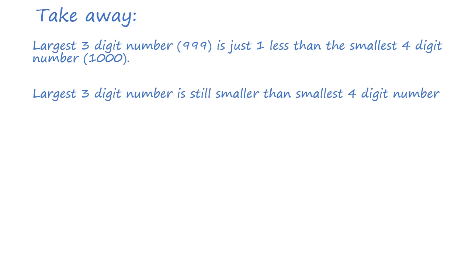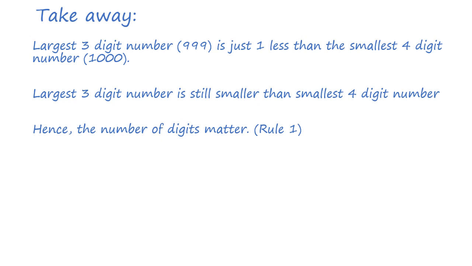No matter what 3-digit number it is, it will still be smaller than any 4-digit number. Now you can understand that the number of digits really matters, and that is rule 1. Any number with a smaller number of digits will be smaller than another number which has a larger number of digits.